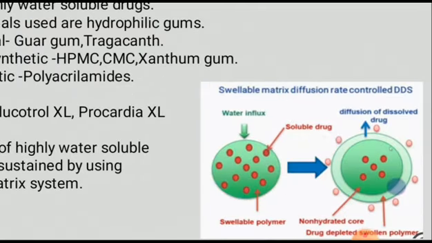In this diagram you can observe the first system, which is before contacting the dissolution fluid. The drug particles are completely dispersed or embedded within the swellable polymeric matrix. Once it comes into contact with the dissolution fluid or water, the outer surface of the matrix starts to swell.